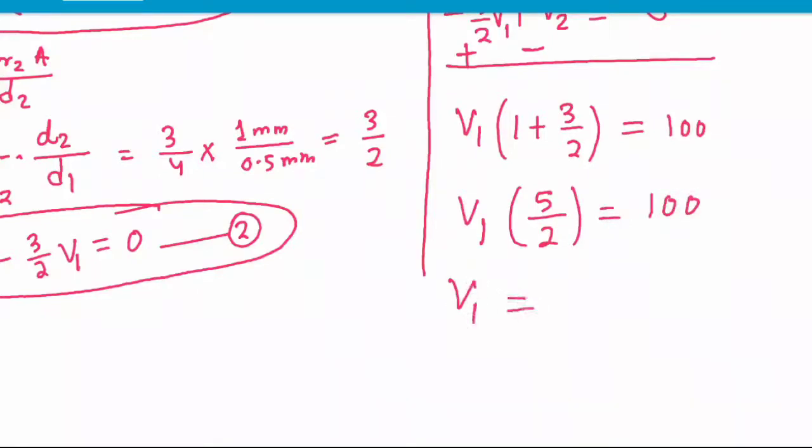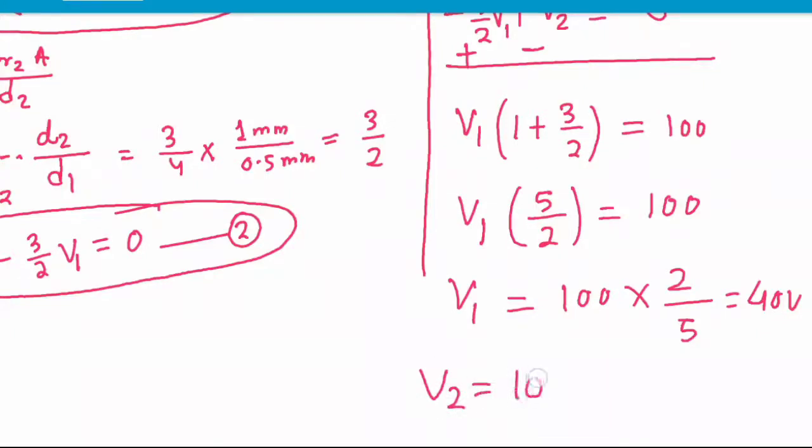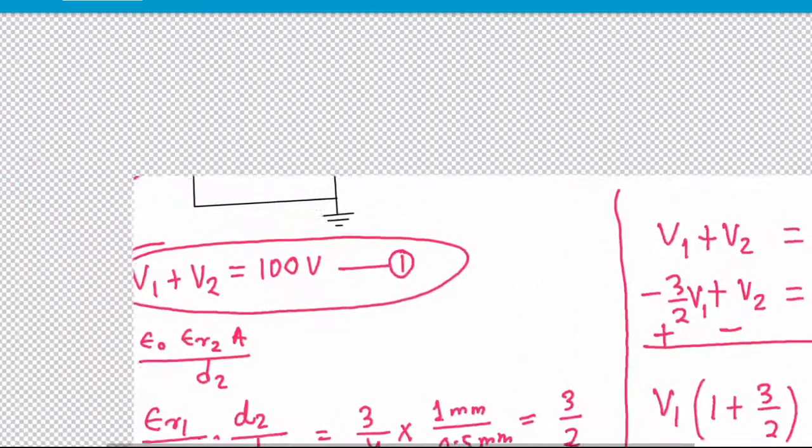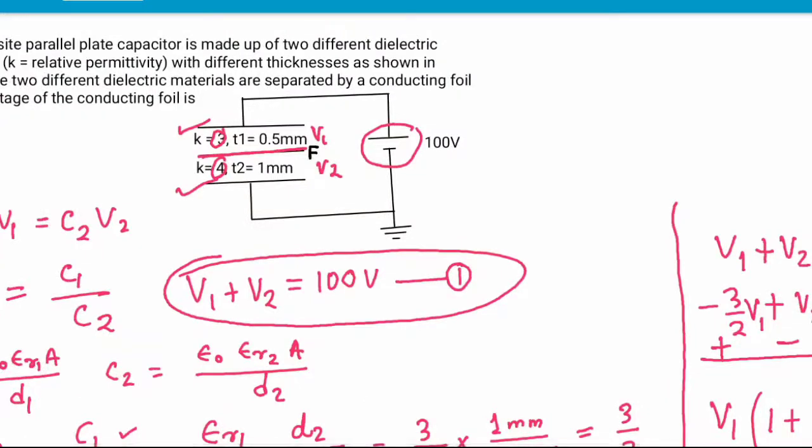V1 will be 100 into 2 by 5, this is 40 volt. So what will be V2? V2 will be 100 minus 40 volt, this will be 60 volt. So the voltage or potential at the foil will be 60 volt with respect to ground.